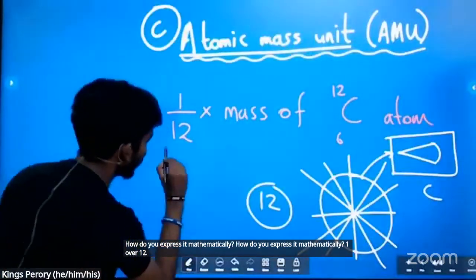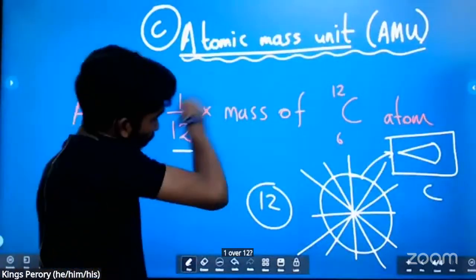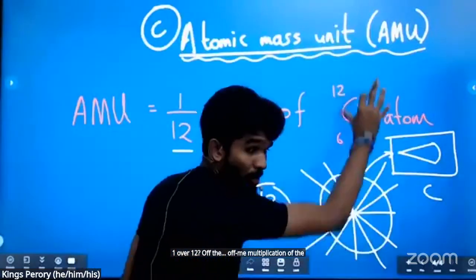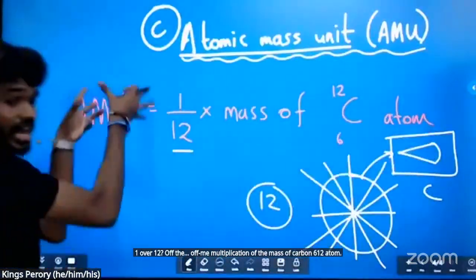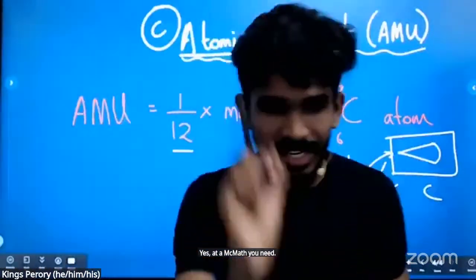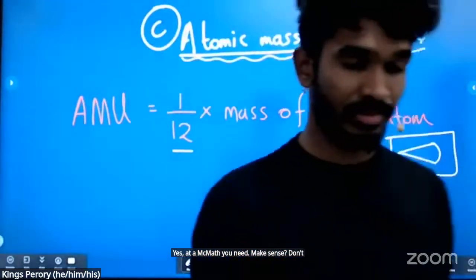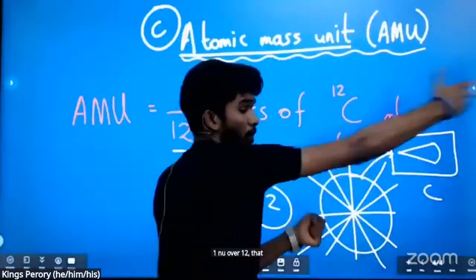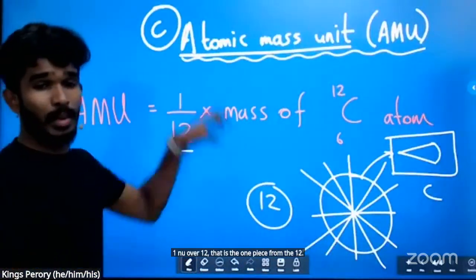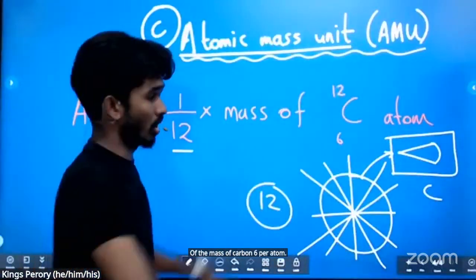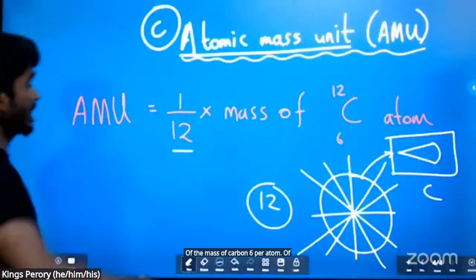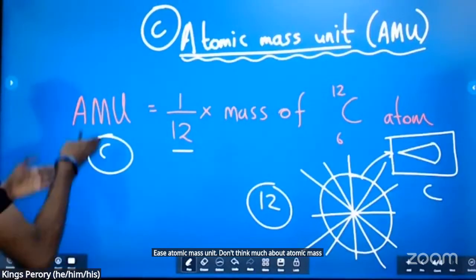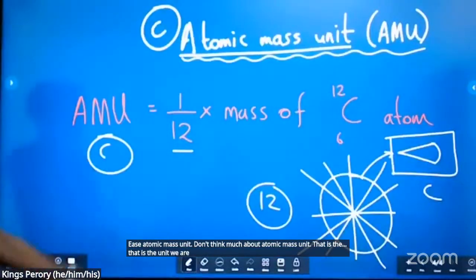And 1 over 12 of means multiplication of the mass of a carbon-12 atom is the atomic mass unit. Make sense? Don't memorize these things. 1 over 12 is the one piece from the 12, of the mass of a carbon-12 atom. That is the atomic mass unit. Don't think much about it. That is the unit we are going to use to compare. That is our C.